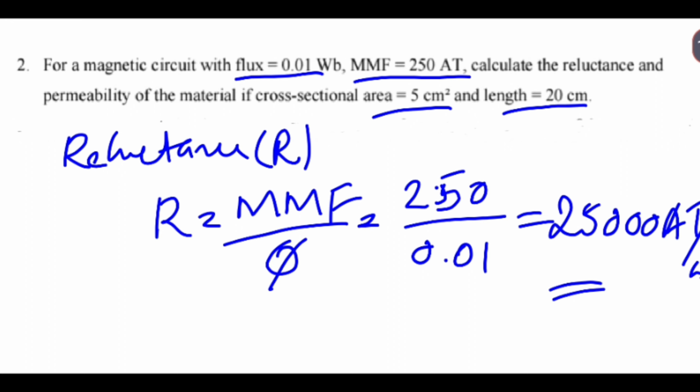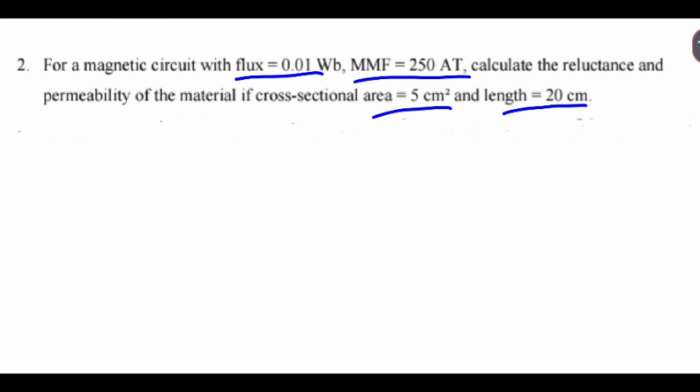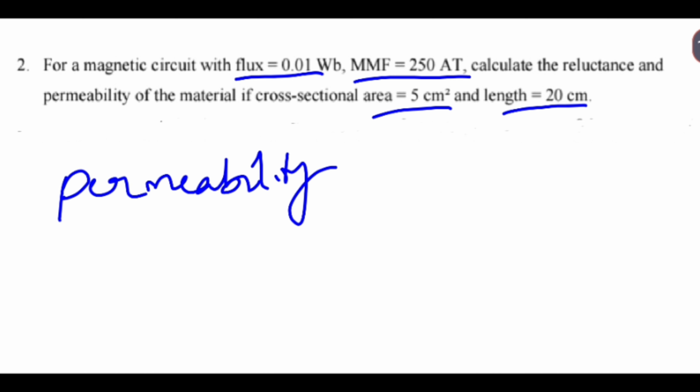Next we move on to permeability. Permeability is equal to L divided by reluctance into area.